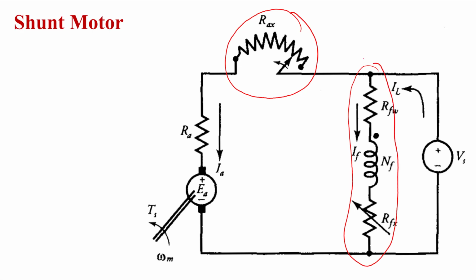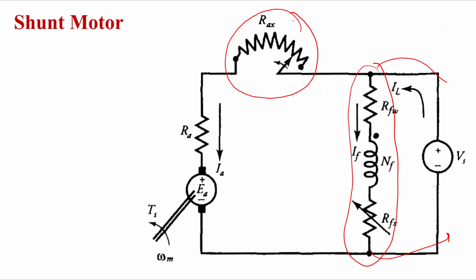We need to connect the field in full, we should not reduce the field current, because the field coil resistance is very high. Therefore the starter is connected only in series with the armature circuit, not in series with the field winding. The field winding is directly connected to the source. Okay, now it is very clear.